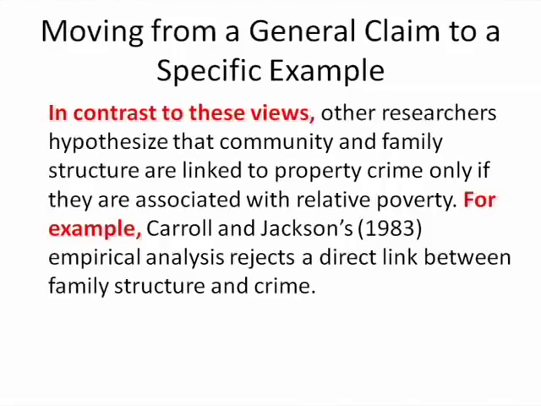The author of this lit review says this, stop. In contrast, I'm switching directions here, in contrast to these views, other researchers hypothesize that community and family structure are linked to property crime only if they're associated with relative poverty. General statement, correct?